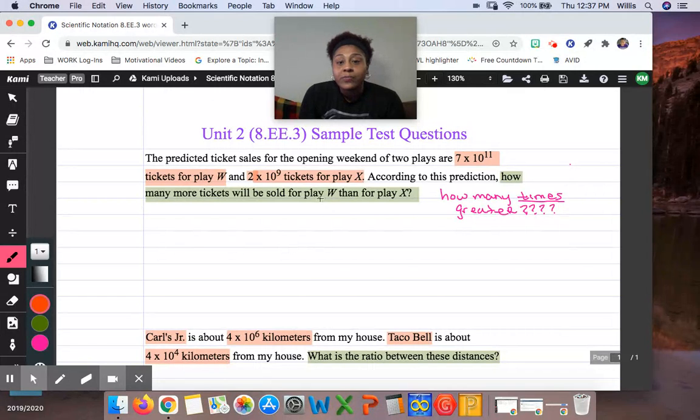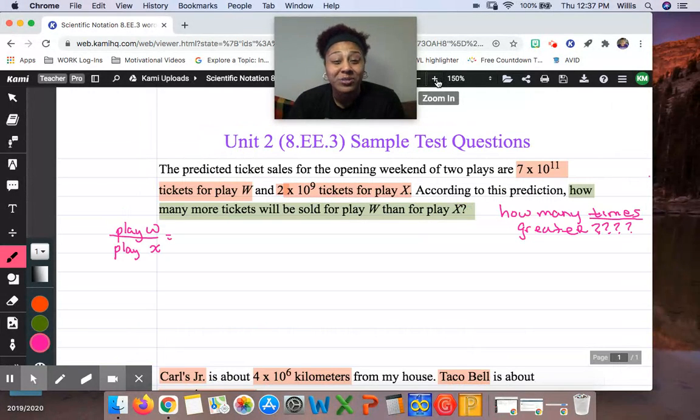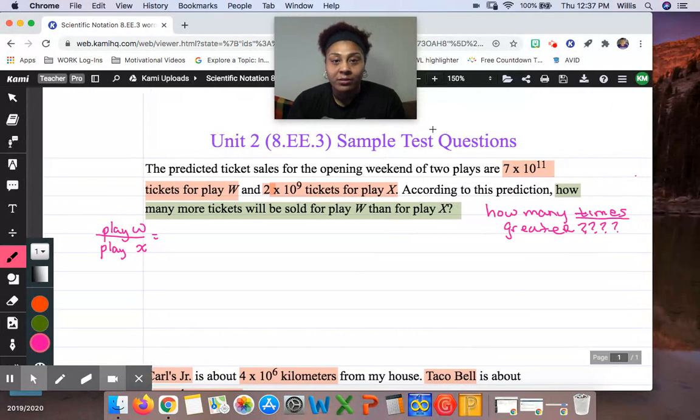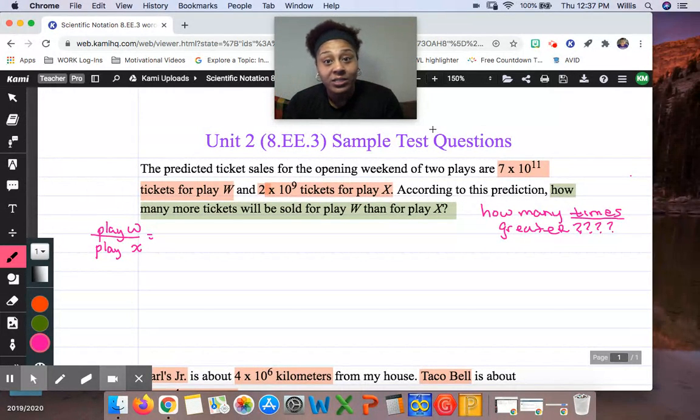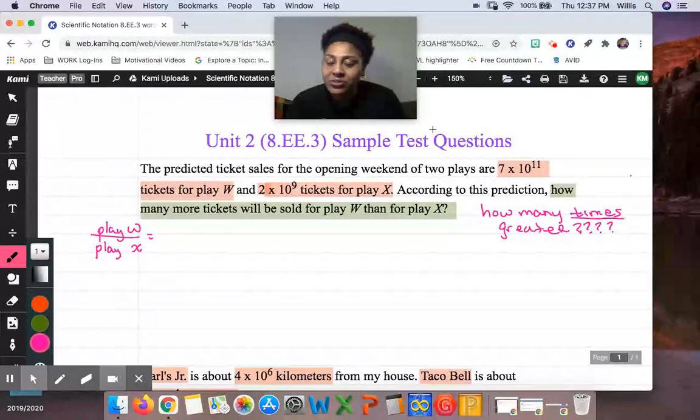So the wording, play W than play X, tells you that play W is going to be our numerator, and that play X will be our denominator. Because you're looking for how many times greater, well, to find out what the times is, we use division. You always use the opposite of what's presented to you.